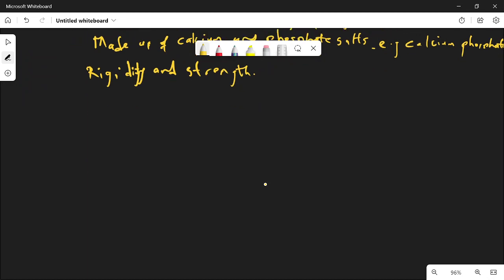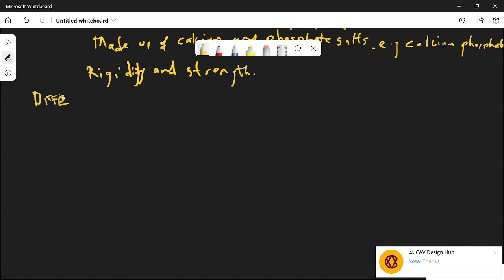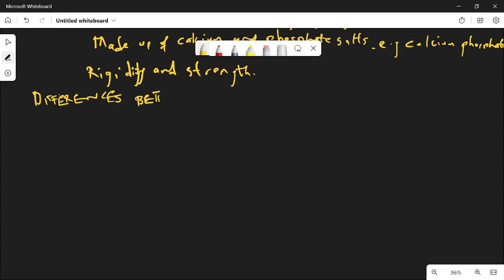So let's quickly see, are there differences between bones and cartilages? Do we have any differences between bones and cartilages? So that is going to give us these differences between cartilages and bones.